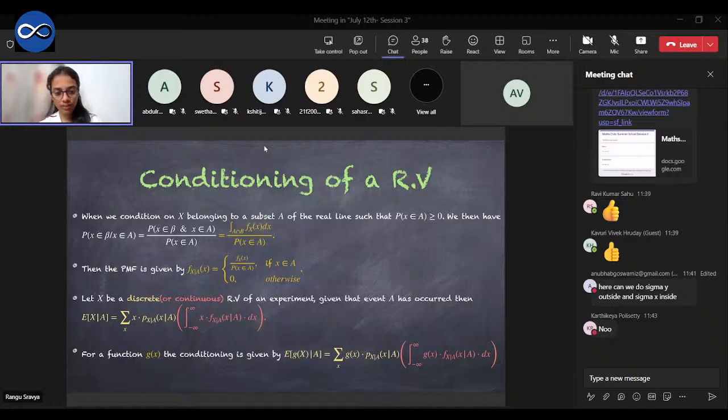For a function g of x, the conditioning is given by E of g of x given A is equal to the sum over x of g of x into P of x given A of x. Again the same: just apply the expected value rule, replace x by g of x, and everything remains the same. And again for continuous, just replace the sum by an integral and the conditional PMF by the conditional PDF into dx. You'll get the expression.